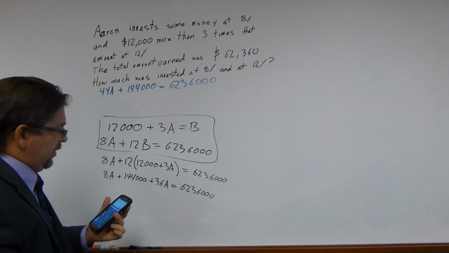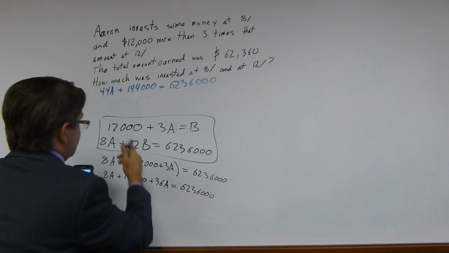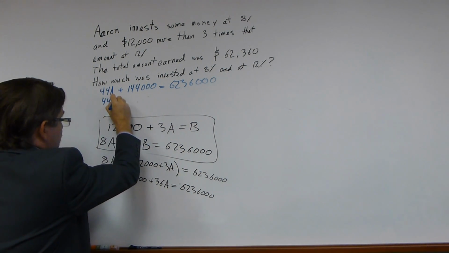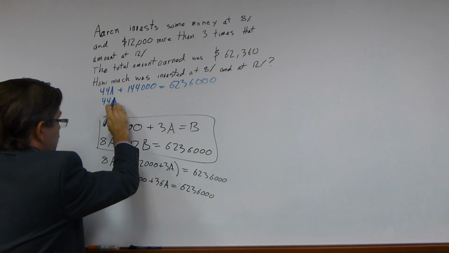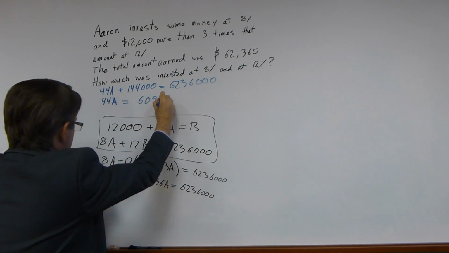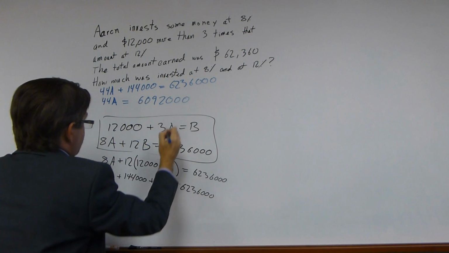Subtract. And what we get is 44a equals 6092000.